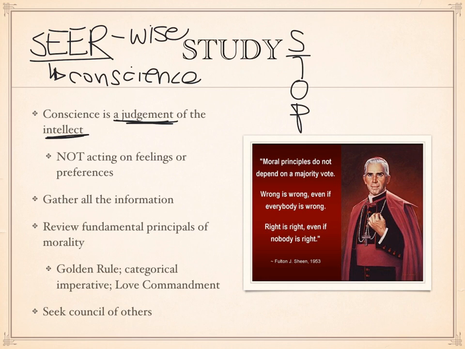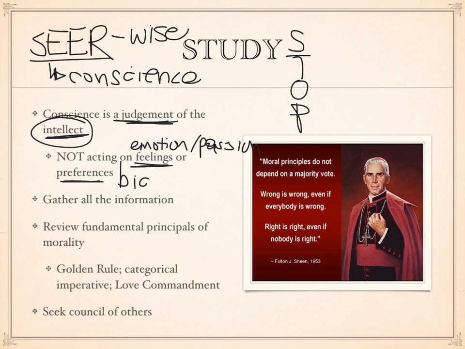So it's not acting on feelings or preferences. So the conscience should be, again, using the intellect. The opposite would be doing what an emotion says to do. Emotions or our passion, those can very often mislead us, right? Or preferences. We don't want to be doing only what we prefer, because sometimes we can have a bias. And we don't want to be biased. We want to do what's right.